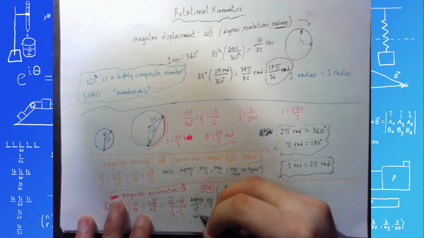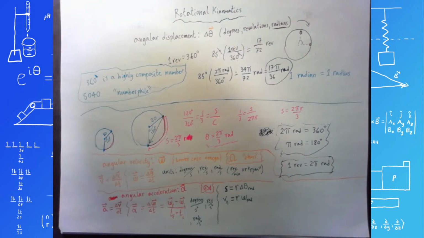Radians per second squared is going to be our standard unit.